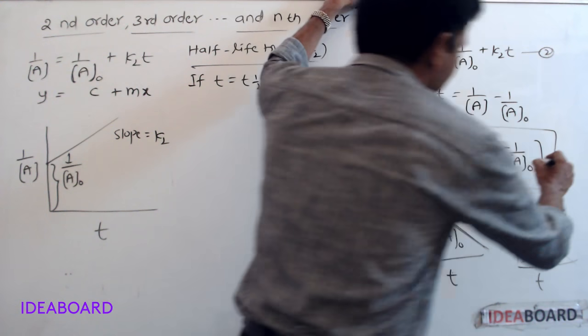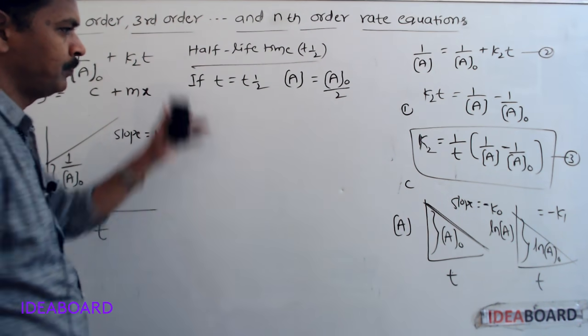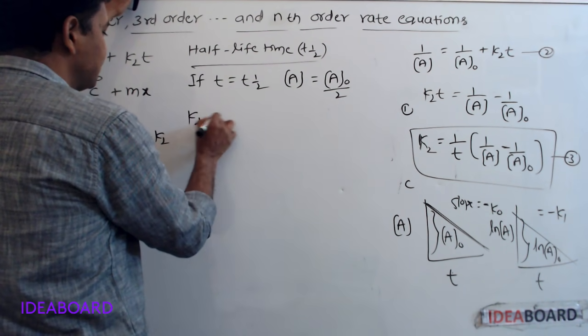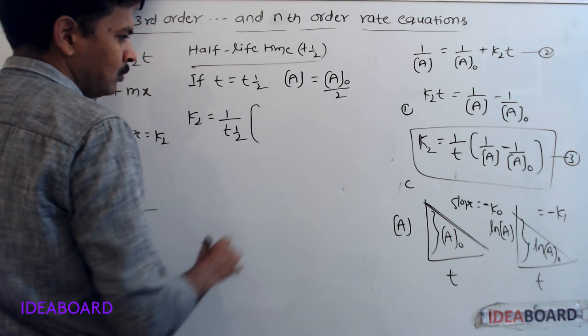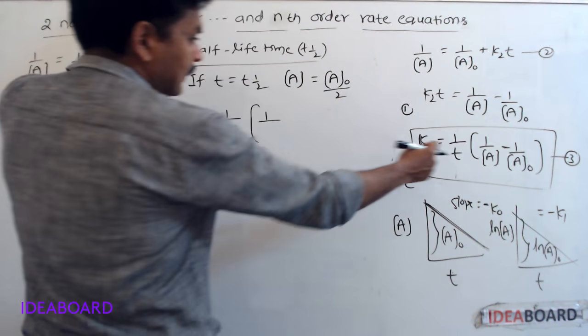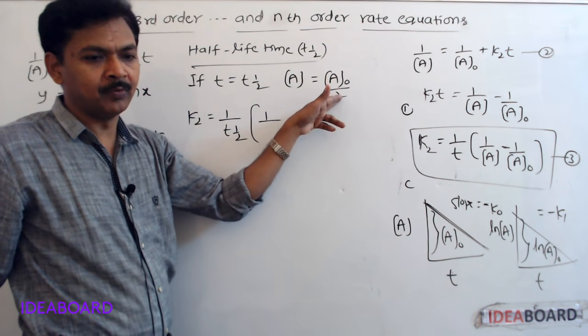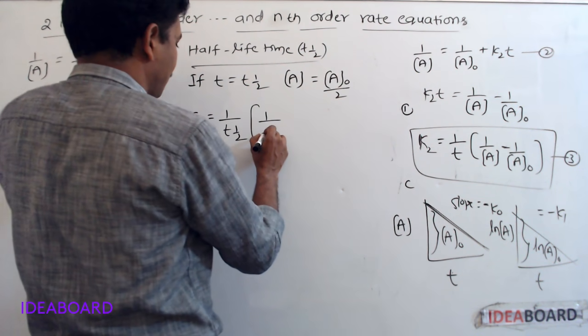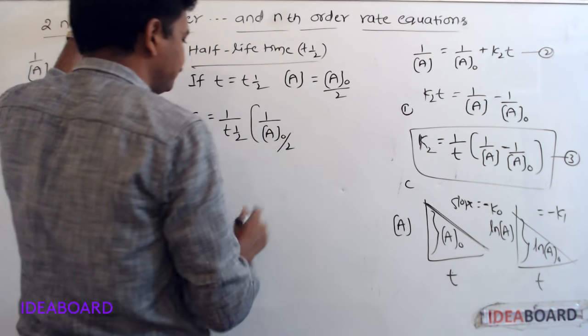Then from this equation, let us take this as the third equation. From the third equation, K2 is equal to 1 by T half into 1 by this A concentration. A concentration is nothing but A naught by 2, half of the initial concentration.